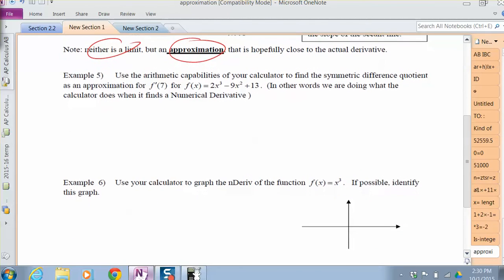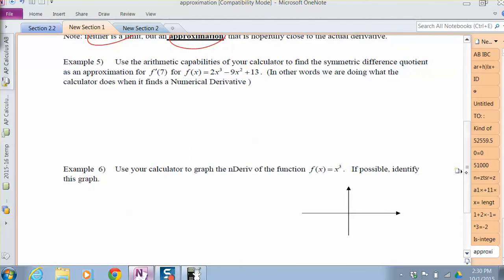So what we're going to do is we're going to try examples 5 and 6. So we're told f of x is 2x cubed minus 9x squared plus 13, and to find a symmetric difference quotient as an approximation. So in other words, we're doing what the calculator does when it finds a numerical derivative.